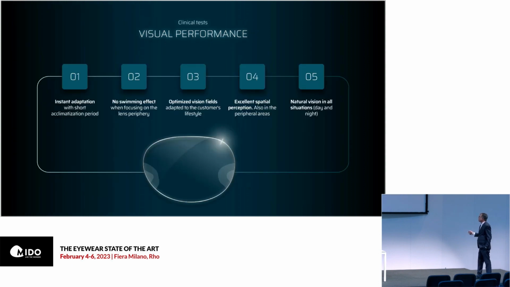So, at the end, what we try to do is improve the performance: get a better adaptation, decrease the swim effect, optimize the vision field, have very good spatial perception and a natural vision. All this depends on how stable the mean power is horizontally, and also on the aberrations.